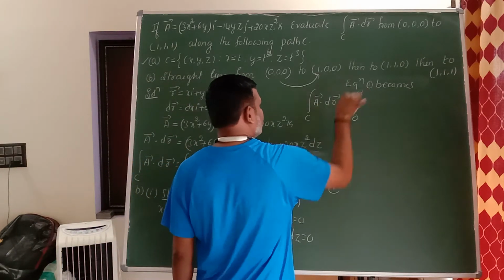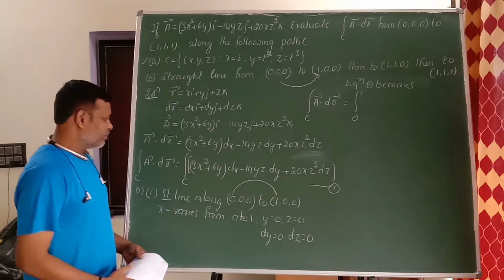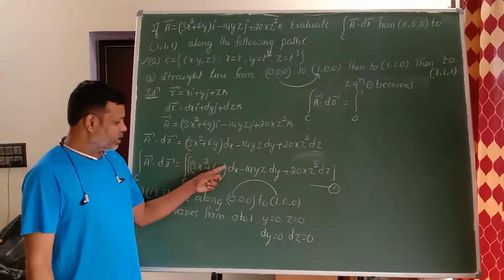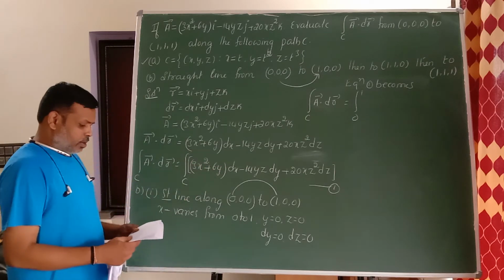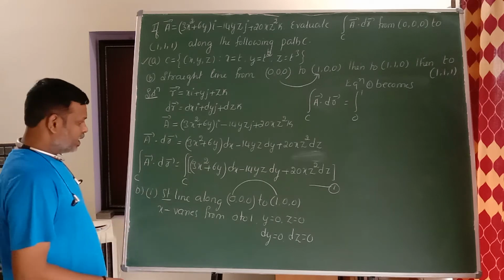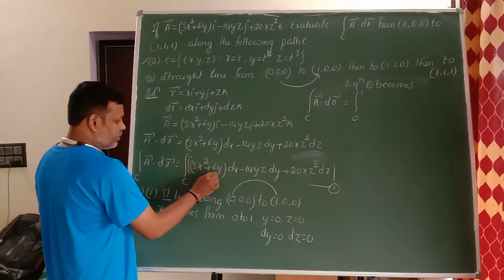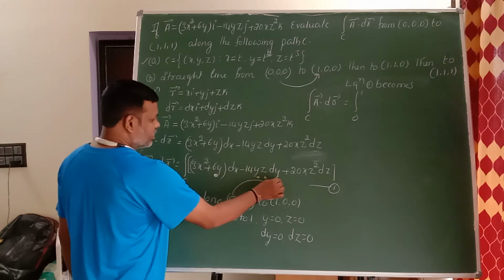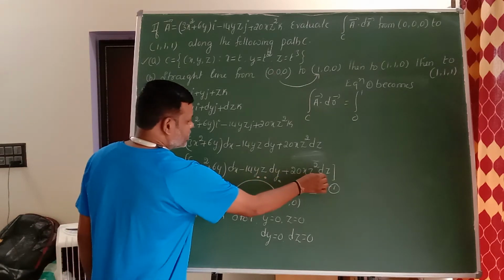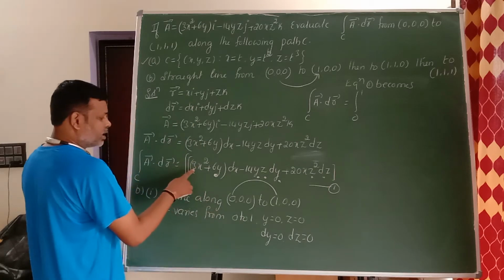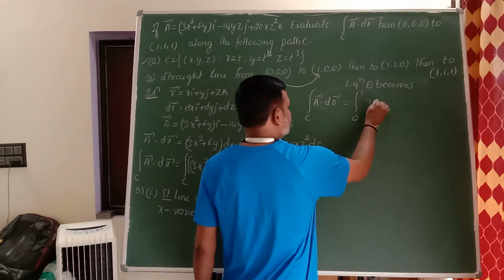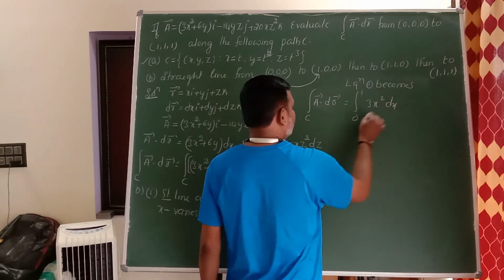Substitute here: 3x square plus 6y into dx. Okay, 3x square into dx. Here y becomes 0, z becomes 0, dy becomes 0, dz becomes 0. Only thing remaining is 3x square into dx. Just integrate that.